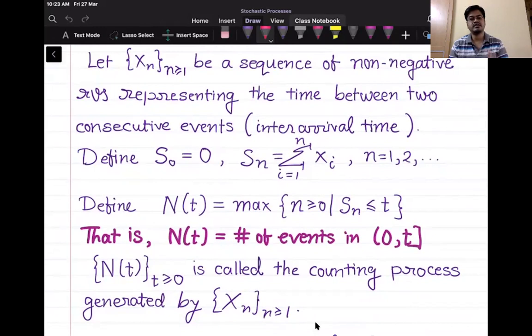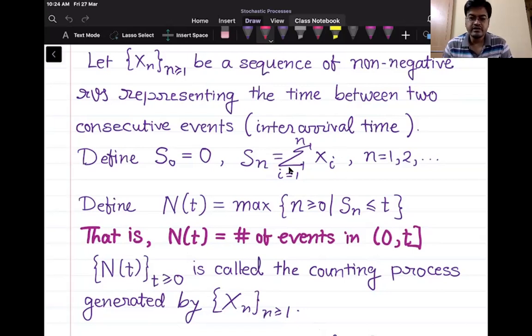S_0 is actually a constant random variable 0, and S_n is the summation over i equal to 1 to n of X_i. So this S_n counts the number of events that happen in the interval given by the summation of X_i. All these time intervals are random.